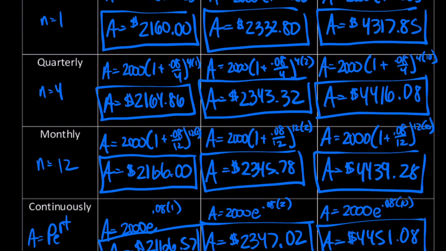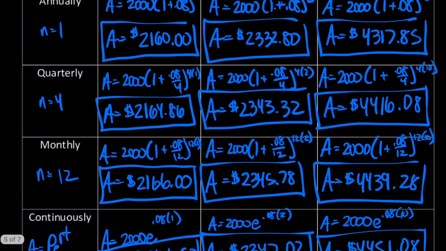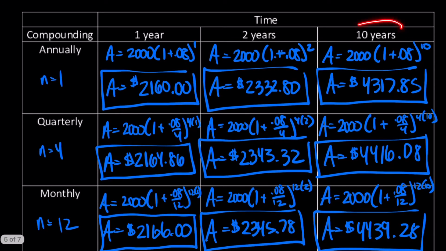So a little bit more than $100 over 10 years. Yes, you get more money the more times you compound, but it's not a drastic difference. What will increase your money more is time and interest rate. The interest rate has much more of an impact on your growth than compounding does.